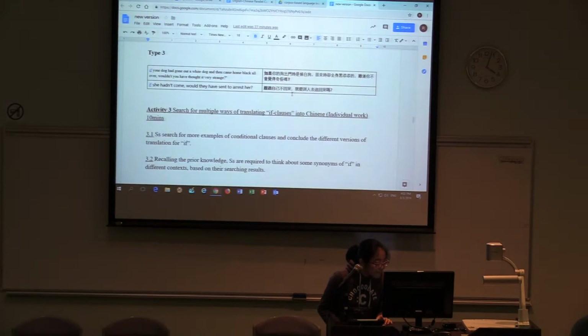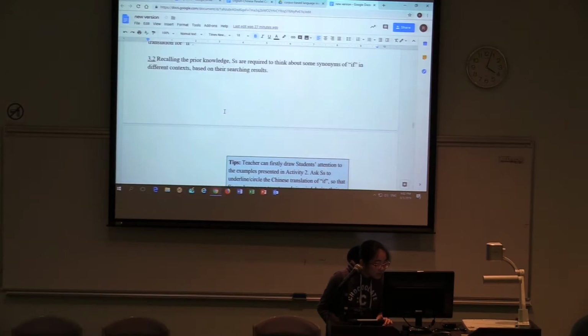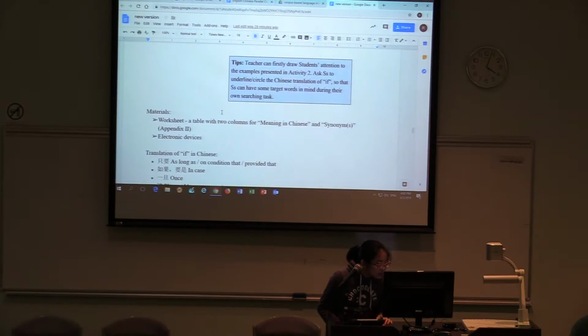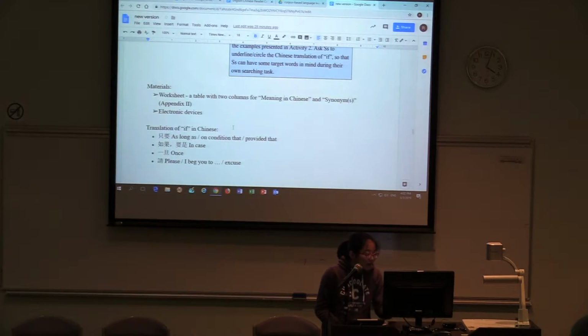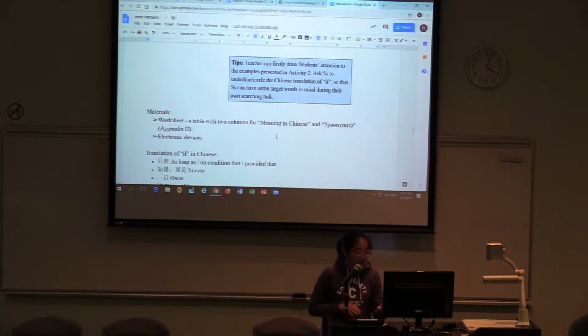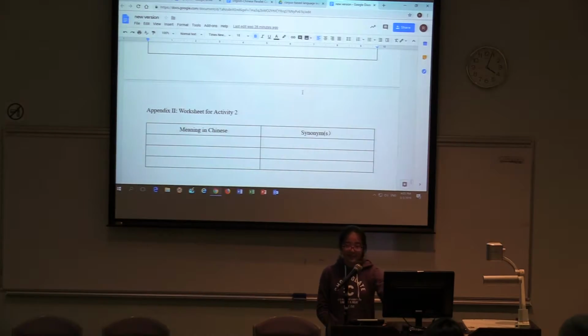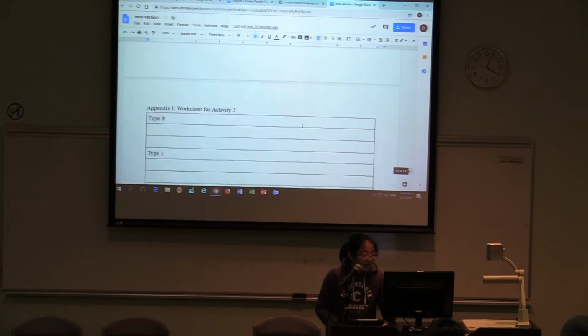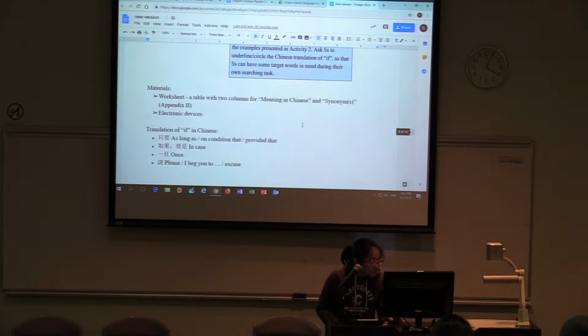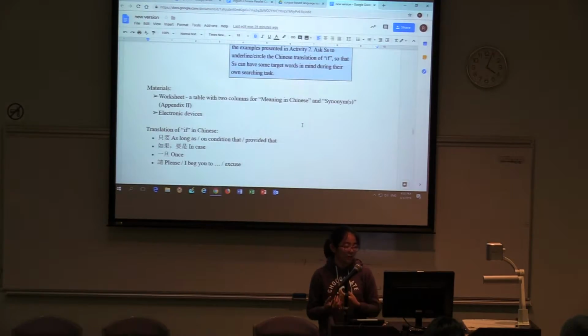And here, when they are doing the summary of those multiple translations, we will give students a table with 2 columns: meanings in Chinese and synonyms. And after they finish the task, teachers can talk with students about the answers.